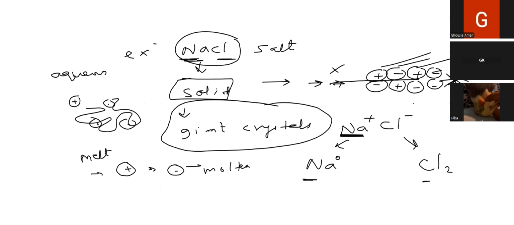But solid ionic compounds cannot conduct the electricity because the cations and anions are not free and movable. So either you have to melt it or dissolve it in water. Melt means molten form, dissolving in water means aqueous form. Then you will be able to pass the electricity.